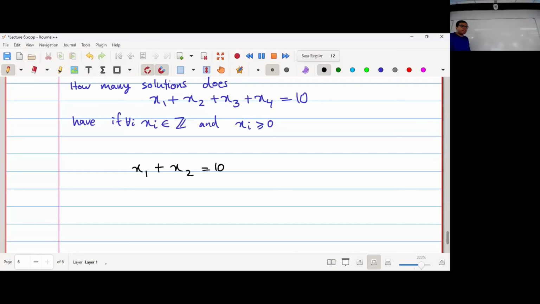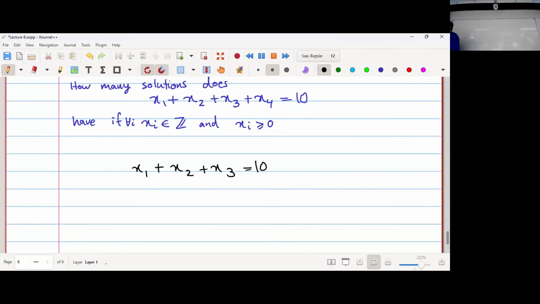Well, I can do a casework on x1. I can say x1 is 0 or 1 or 2, and so on. And whatever value I choose for x1, I will have a unique value for x2. So I have 11 solutions. But what if I say x1 plus x2 plus x3 is equal to 10?